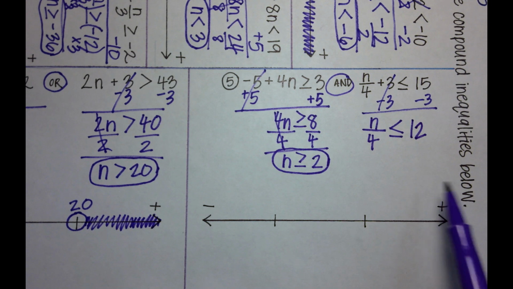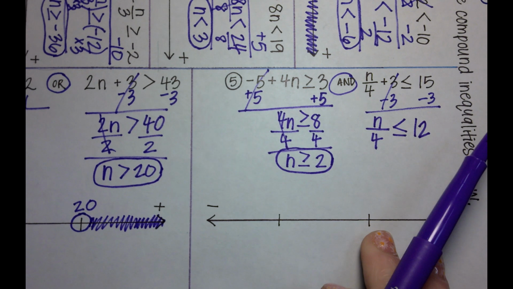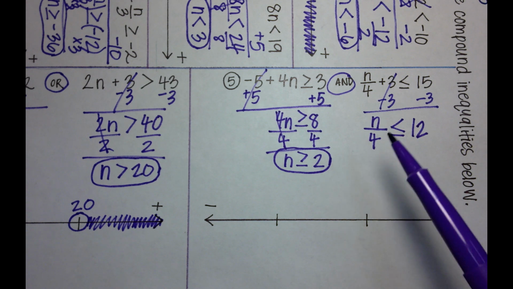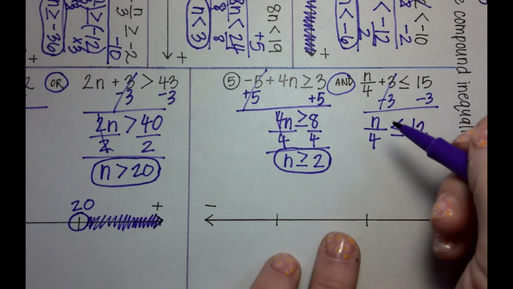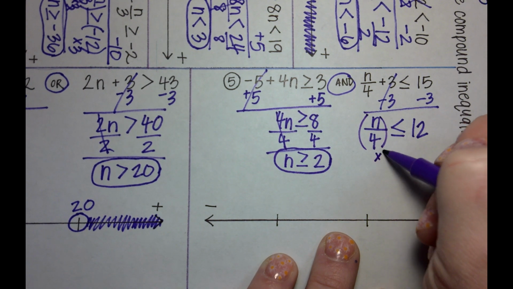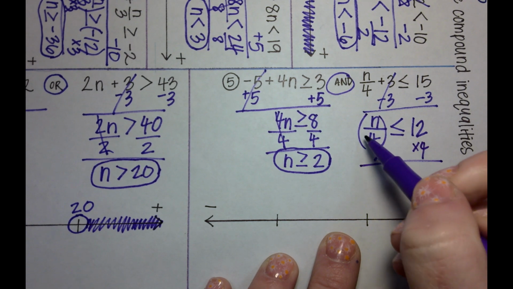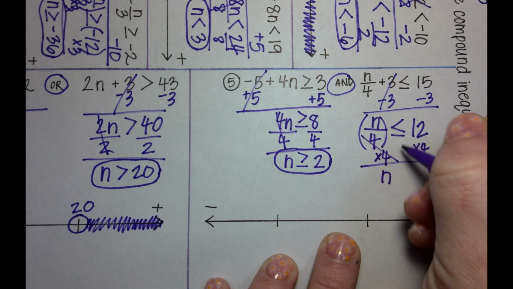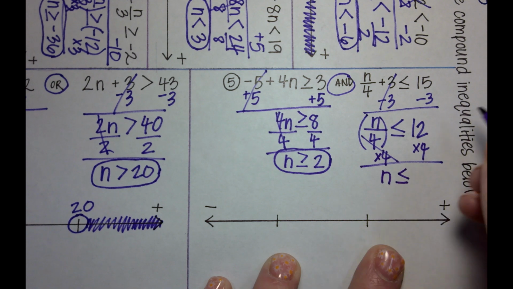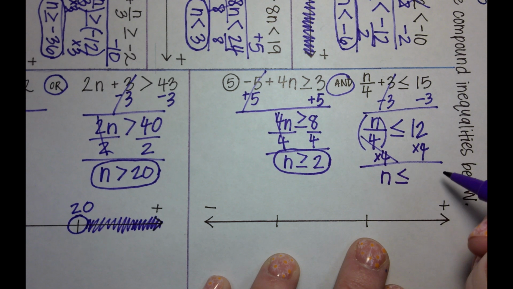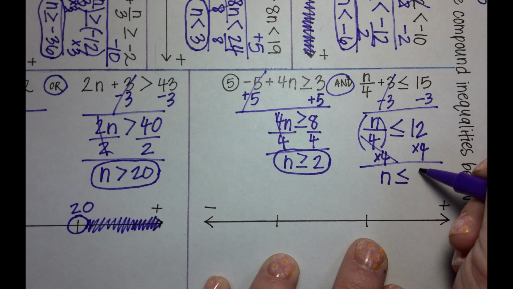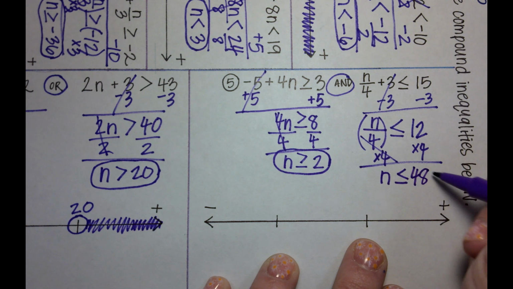Okay. So I've got one last step. What should I do? 4 times 4. Good. Let's take it times 4 since we're dividing. Yes, let's bring down n, the sign less than or equal to 12 times 4, 48. Good.